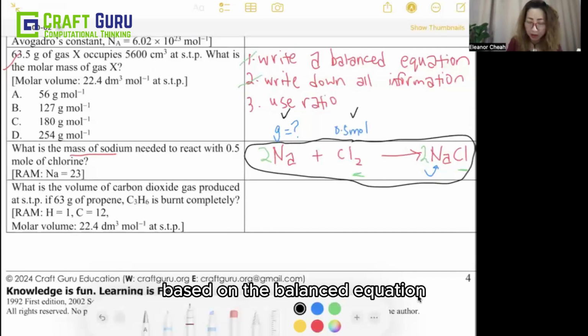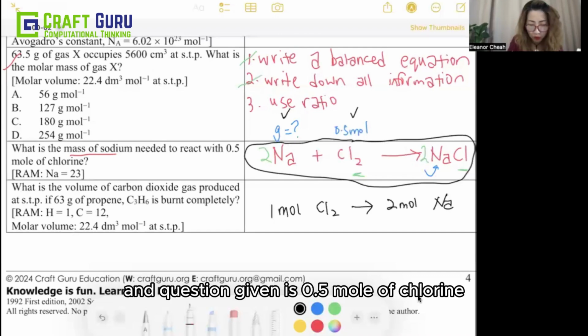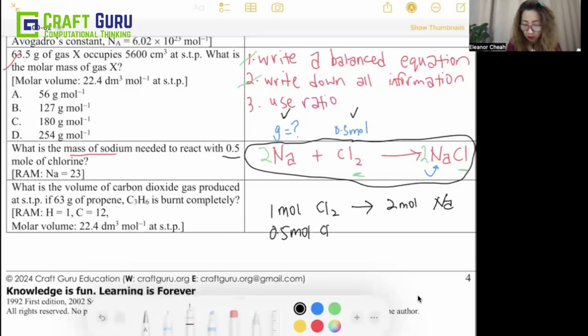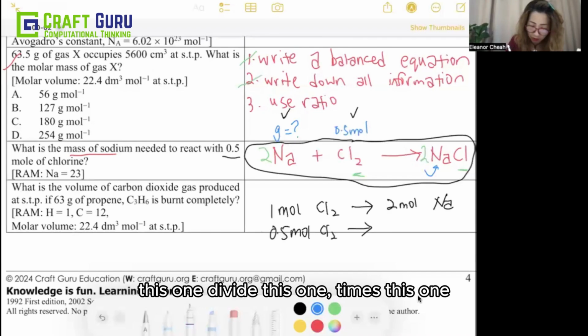Based on the balanced equation, 1 mole of Cl2 reacts with 2 mole of sodium. And the question gives 0.5 mole of chlorine, which theoretically will react with, okay, use the ratio method, this one divide this one times this one.